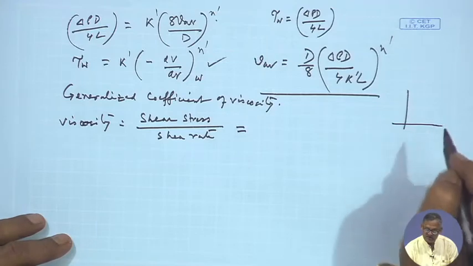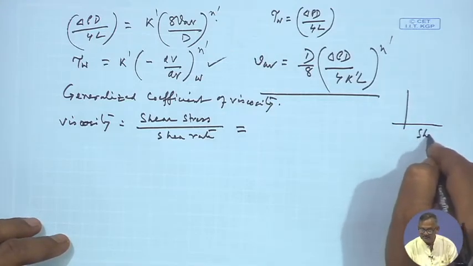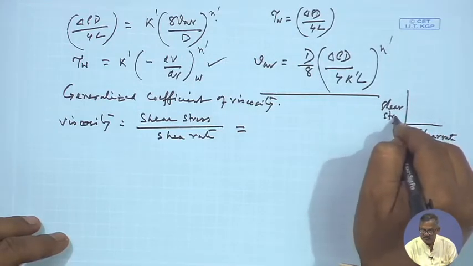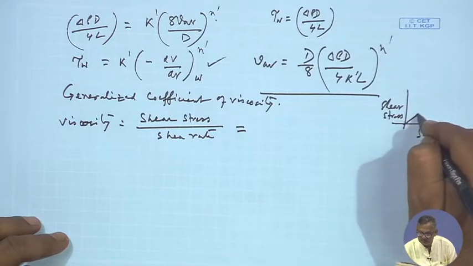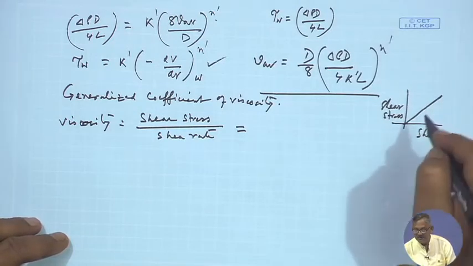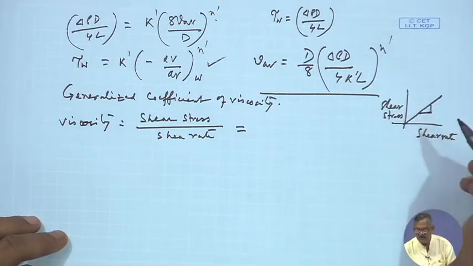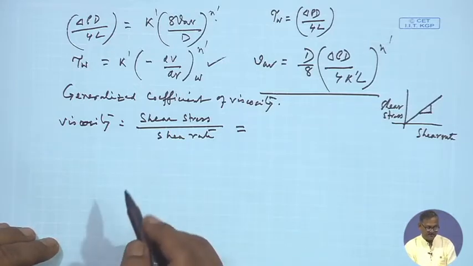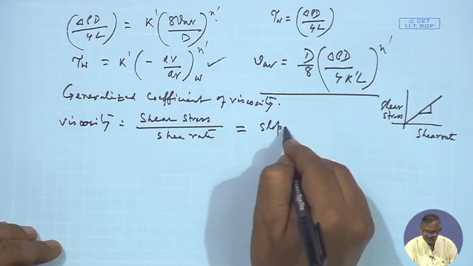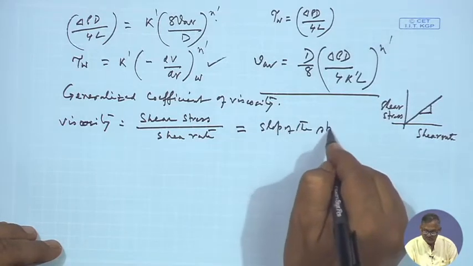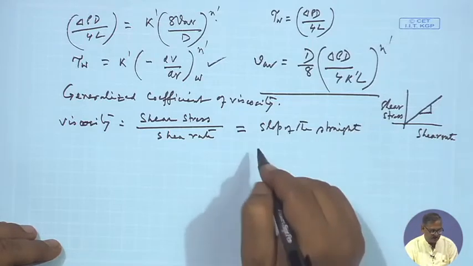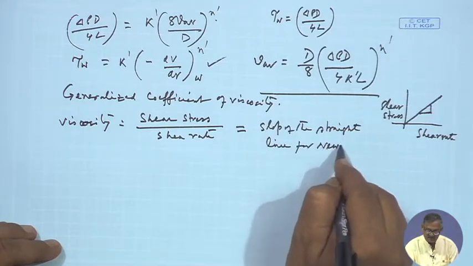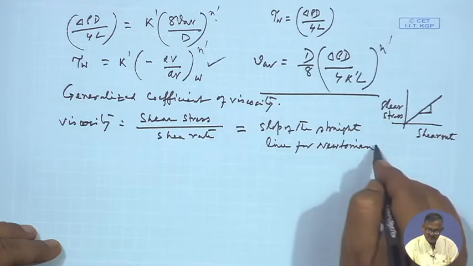If we had a plot, with shear rate on one axis and shear stress on the other, this was the Newtonian fluid, and the slope of the line is this, the slope of the straight line for Newtonian fluids.